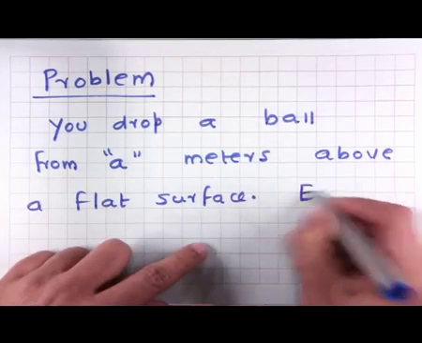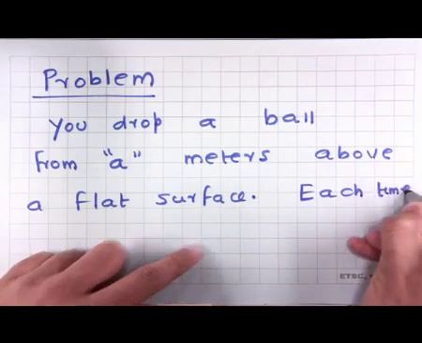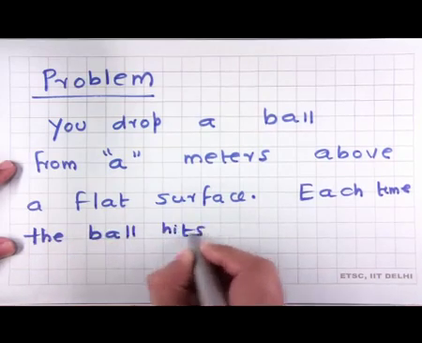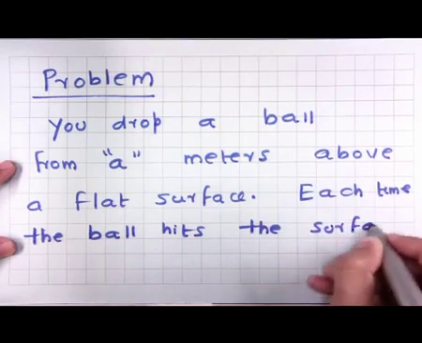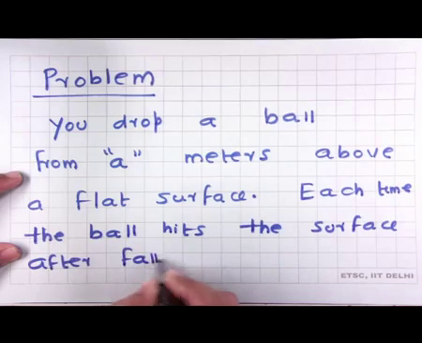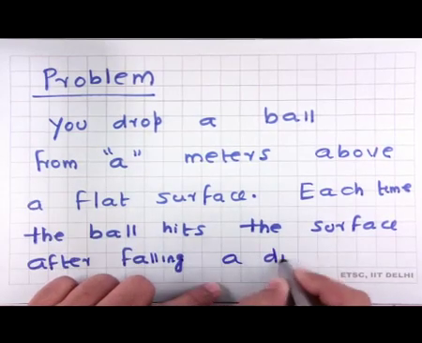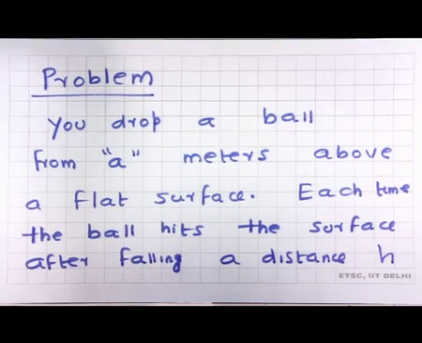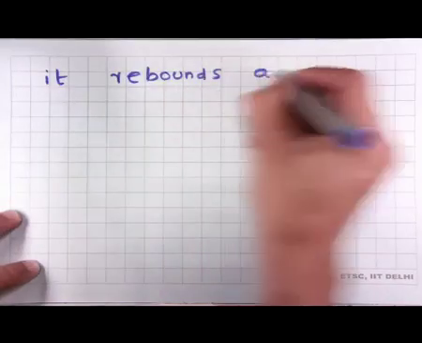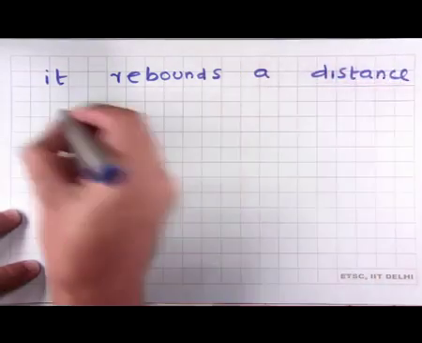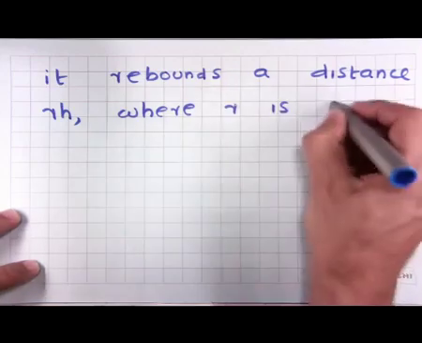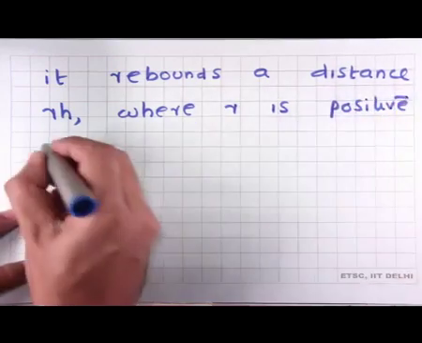Each time the ball hits the surface, after falling a distance h, it rebounds a distance RH, where R is positive but less than 1.